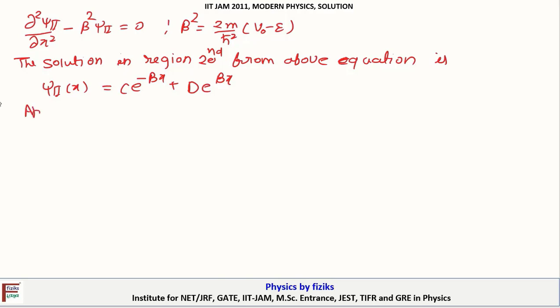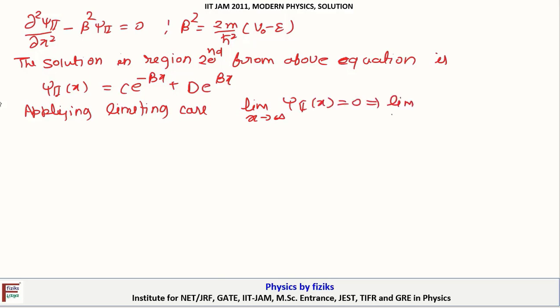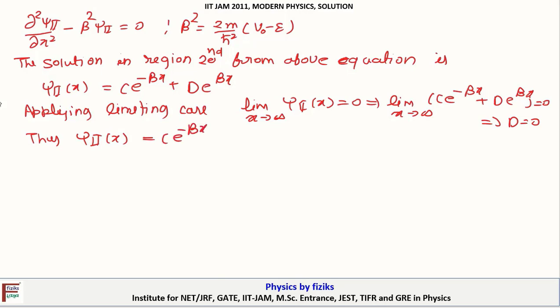Applying the limiting case, that is, limit x tends to infinity psi second of x must be 0, which implies limit x tends to infinity of C e to the power minus beta x plus D e to the power beta x must equal 0, which implies D equals 0. Thus, psi second of x is nothing but C e to the power minus beta x.